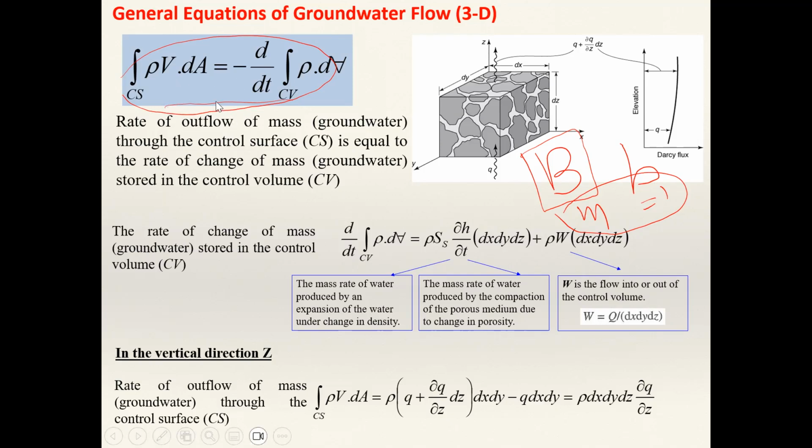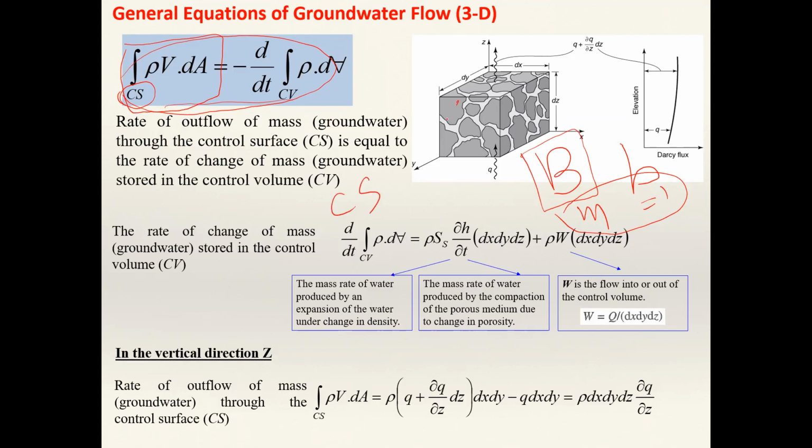So there are two parts in this continuity equation. What is this one? This is known as the net mass flow rate through the control surface. This CS stands for the control surface.